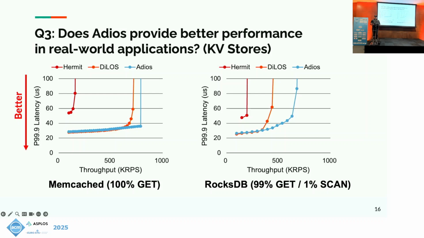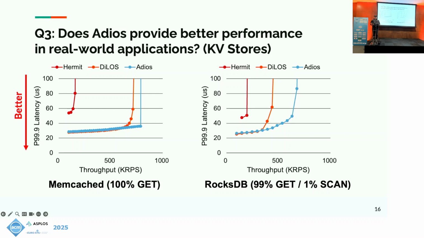In memcached, Adios kept the 99.9% latency under 40 microseconds and pushes the throughput far beyond 500 kilo RPS before the 99.9% latency shoots up. Hermit's 99.9% latency starts to shoot up way earlier, at around a throughput of 100 kilo RPS and a latency above 50 microseconds.